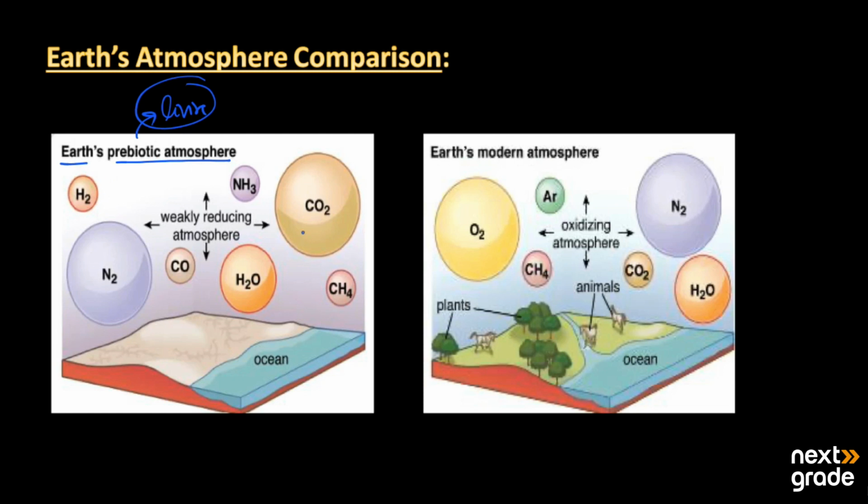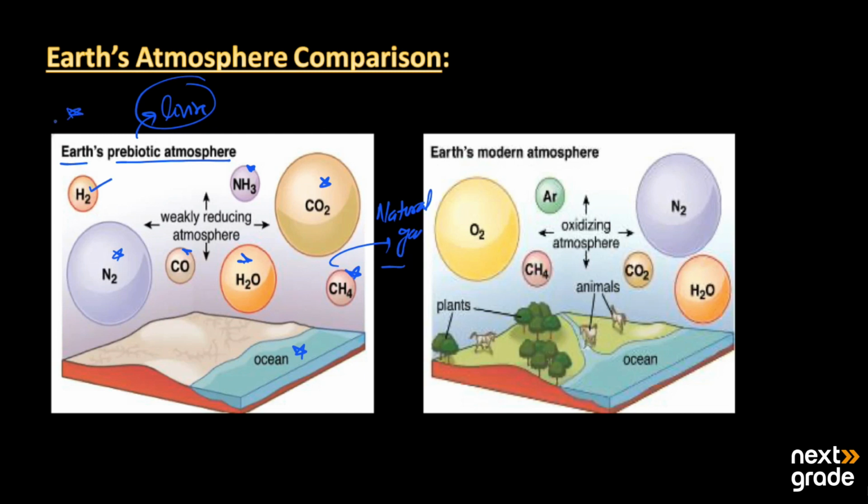That atmosphere was like this. Here this is the ocean. We have the percentage of hydrogen, nitrogen, carbon dioxide, ammonia, carbon monoxide, water, and methane. Methane is known as natural gas. So this was the Earth's prebiotic atmosphere.